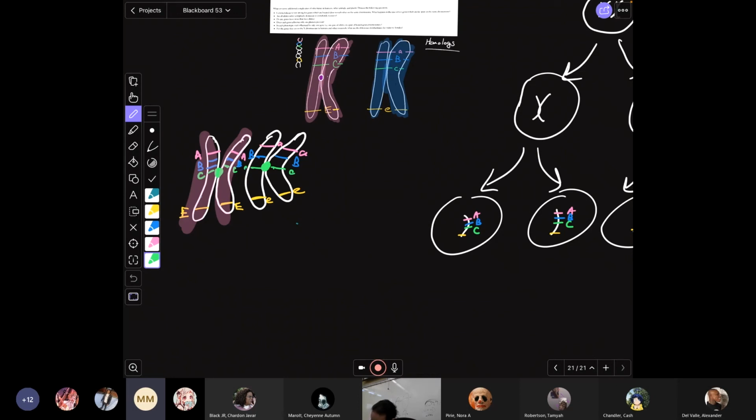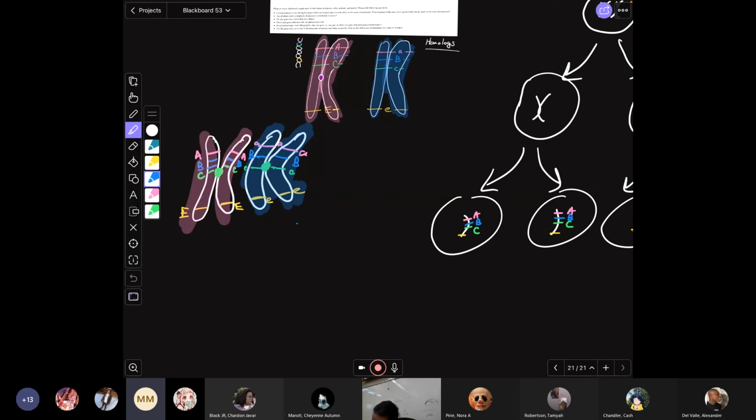So little a, big B, and little c go together. They're linked, whereas little e is far enough away that switching could happen between them pretty easily, and it's much more difficult for crossing over to happen between A, B, or C.